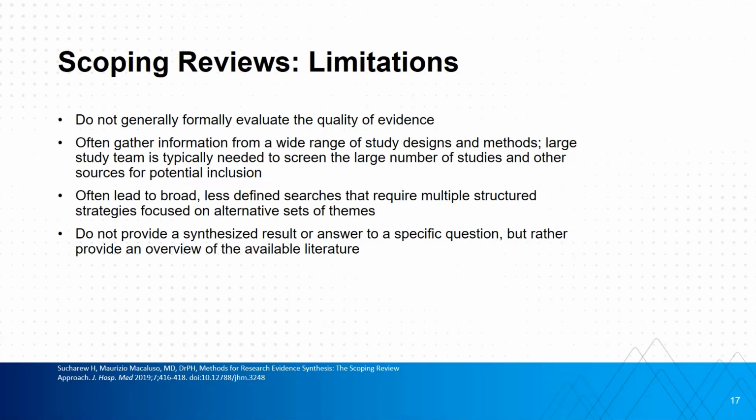Unlike a systematic review, with a systematic review, you have your one big search that you're doing in several databases, and that's it. You're not going back and forth. So that's very unlike a literature review. It's also unlike a scoping review, which may require multiple structured searches to look at different themes.